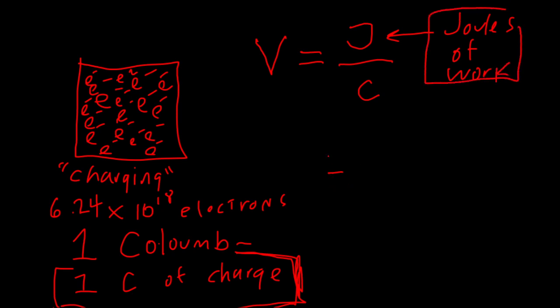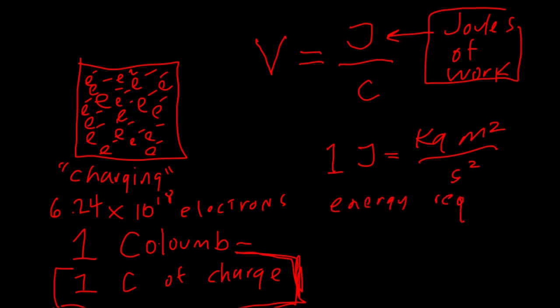So for instance, 1 joule, I looked this up on Wikipedia, and this is a random thing, but 1 joule has a formal definition, which is kilograms meter squared over seconds squared. But there's a really interesting thing that I thought was useful to remember. 1 joule is the energy required to lift a tomato. No, this is a formal unit. Lift a tomato 1 meter.